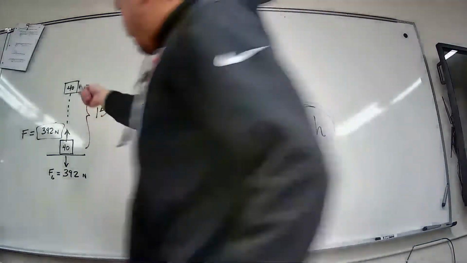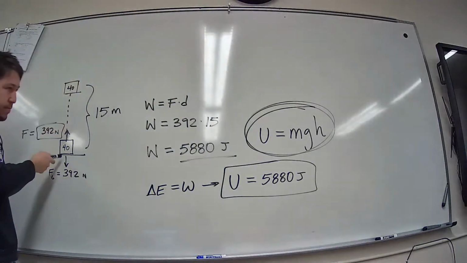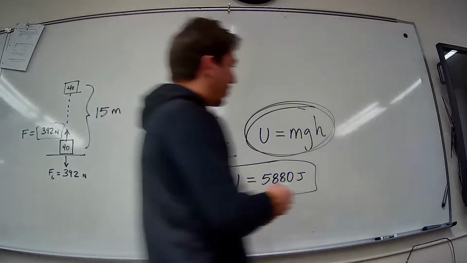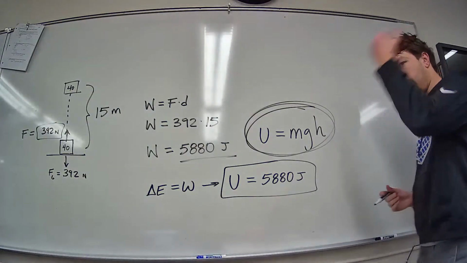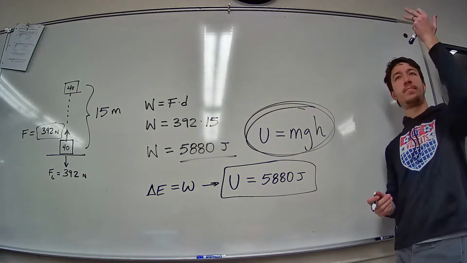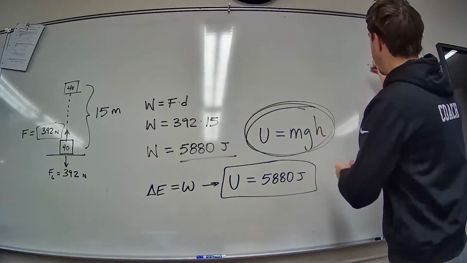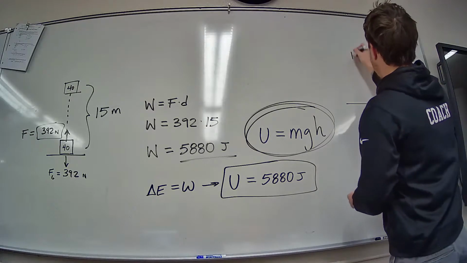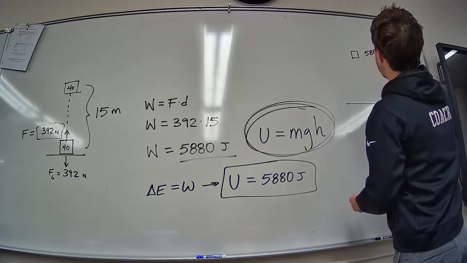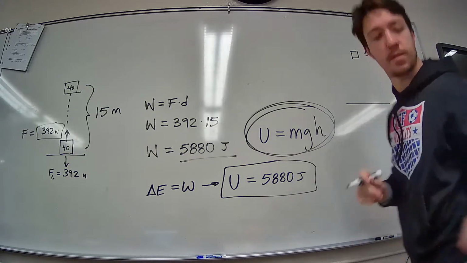If the block falls down, what's going to happen to this energy? Well, it gets converted into kinetic energy. So if I draw a diagram of that, up here, the block's got 5,880 joules. Sorry.